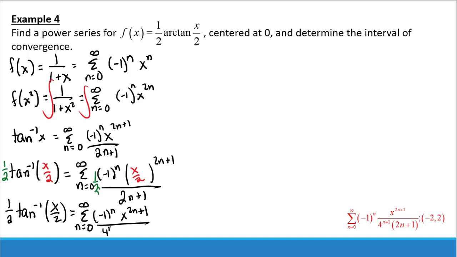Okay, so now comes the finding the interval of convergence. So again, we take this limit as n goes to infinity of the absolute value. So I'm going to ignore this piece, and I'm going to write x to the 2n plus 3 all over 4 to the n plus 2, because this is my n plus 1 term. I just went through and did a whole bunch of simplifying.